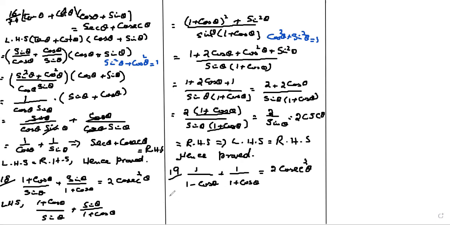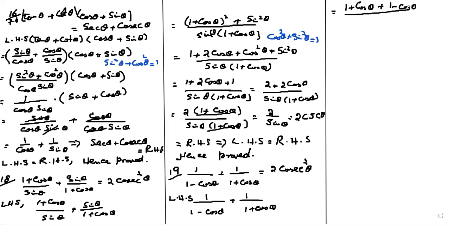Right. So taking left hand side, we have 1 over 1 minus cosine theta plus 1 over 1 plus cosine theta. Cross multiplying, we have with the equal to sign 1 plus cosine theta plus 1 minus cosine theta, and the denominator we multiply 1 plus cosine theta times 1 minus cosine theta.